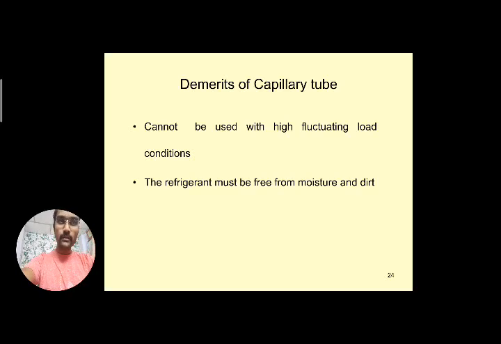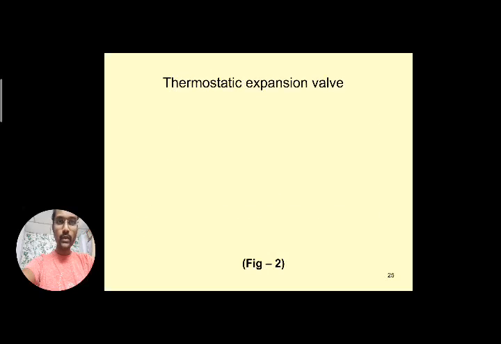We can use dryer and strainer like that. And the other demerit is, otherwise it will choke the tube and stop the flow of the refrigerant. So this is regarding the capillary tube.